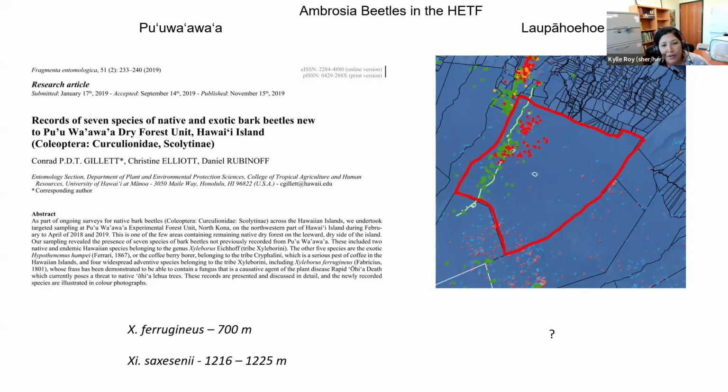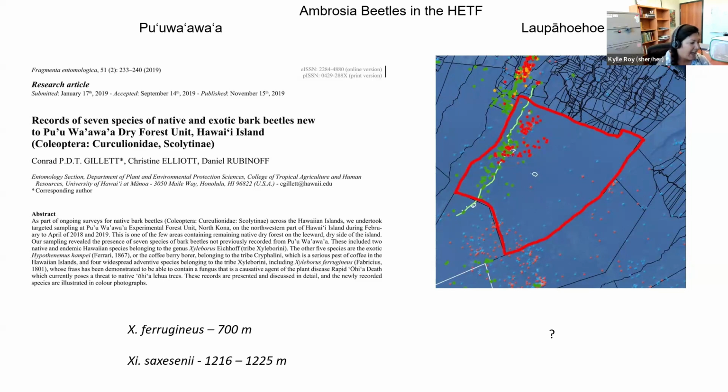And at Lapuhoihoi, there's ROD there. You can see all these red dots are trees that have tested positive for Ceratocystis lukuohia or huliohia. But we don't know much about the ambrosia beetle species there.